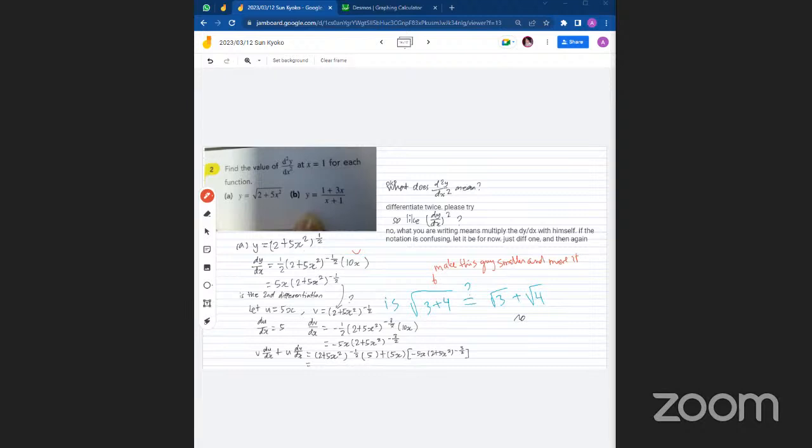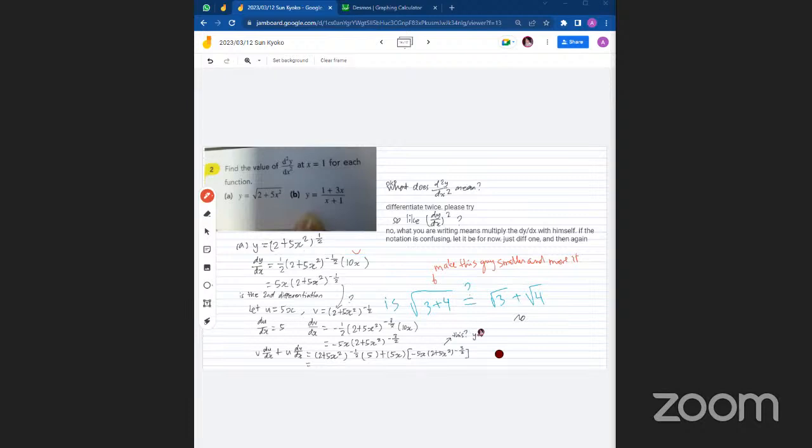Looks confusing, right? Now, Kyoko, let me confirm first. Have you ever seen this kind of complicated result, and have you ever tried simplifying? If it doesn't look complicated for you, good for you.